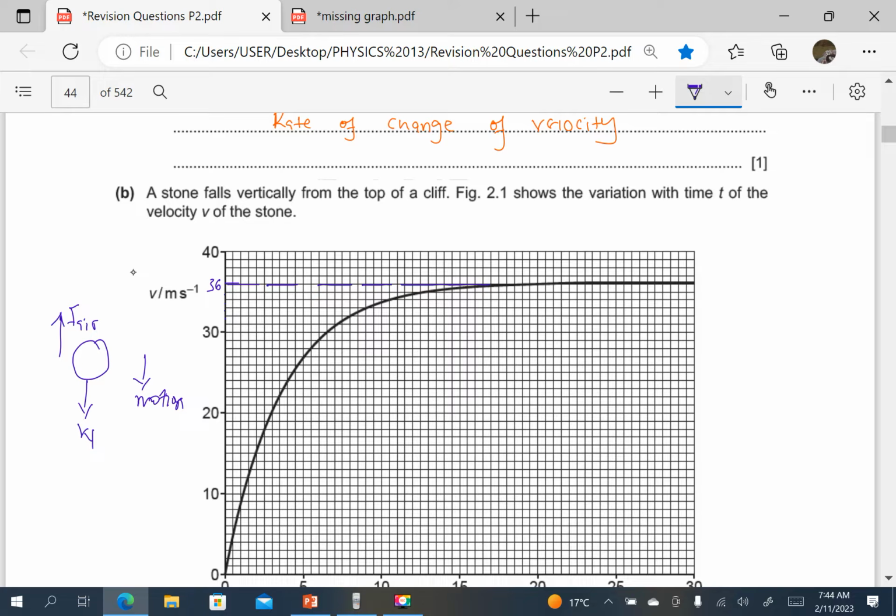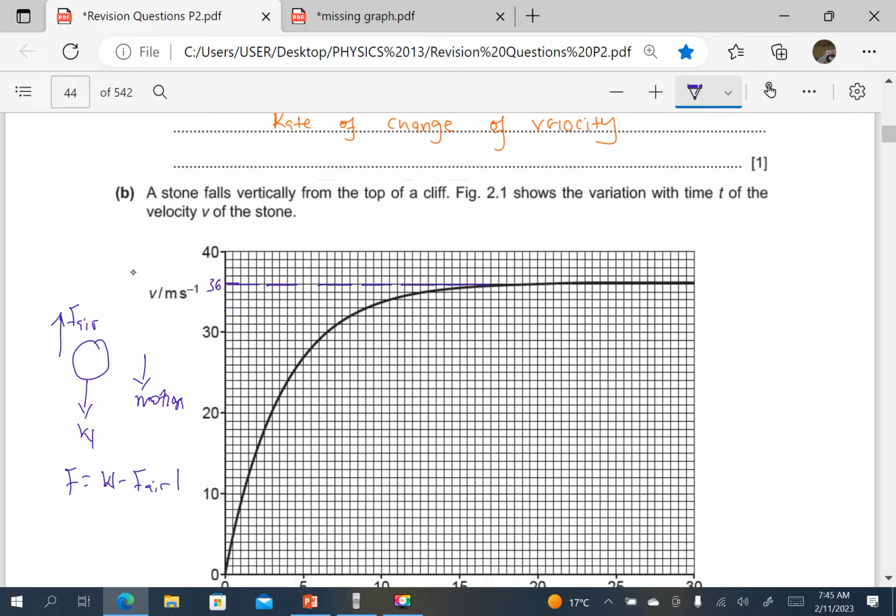Therefore, we can now think about the forces which are acting here. The weight does not increase, but air resistance increases with the speed. If the motion is downwards, the speed increases when the object is moving downwards. That means the air resistance increases. And the resultant force F on this object is going to be the weight minus the force due to air resistance.